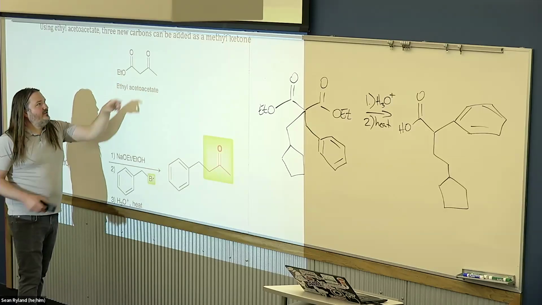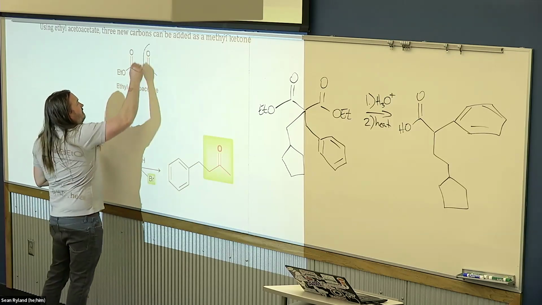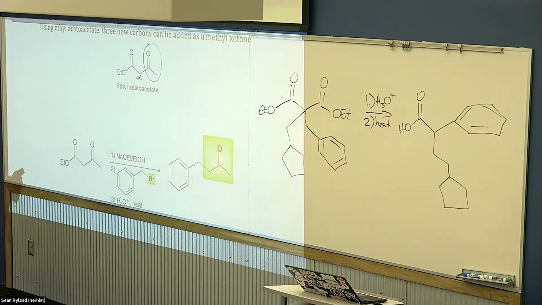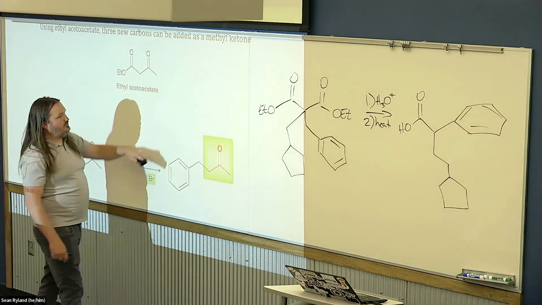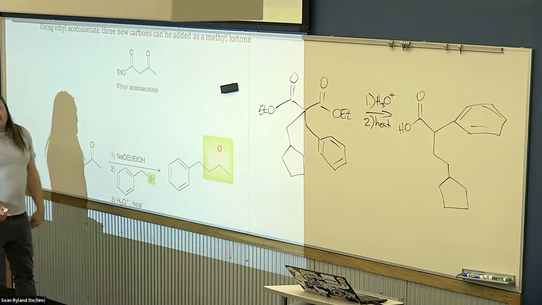It's the product you get when you allow ethyl acetate to go through Claisen condensation with itself. So it's a pretty easy compound to make using the same concepts, and that gives you the same doubly stabilized alpha carbon.